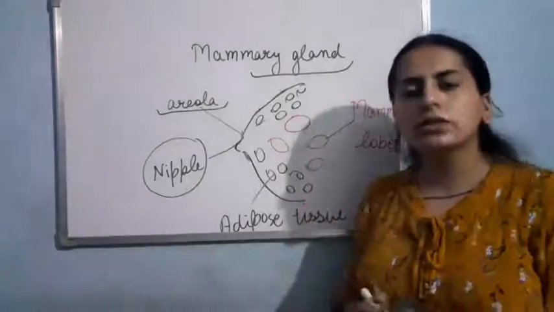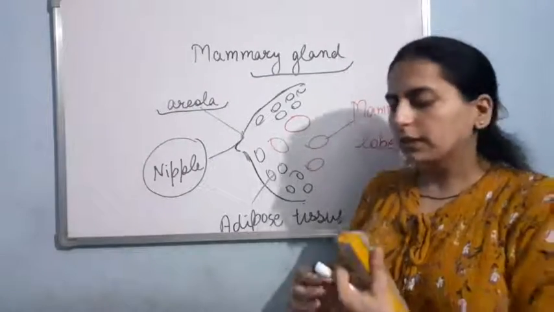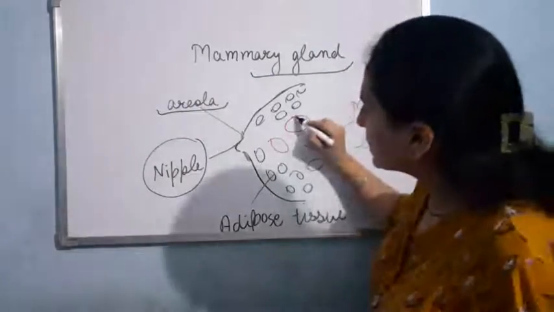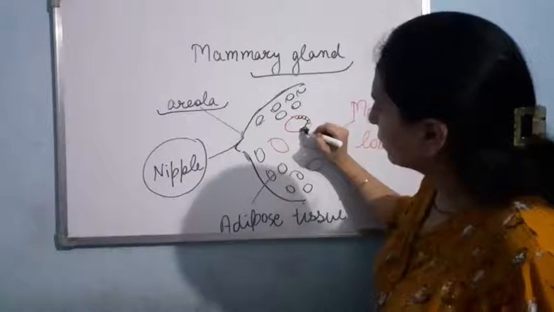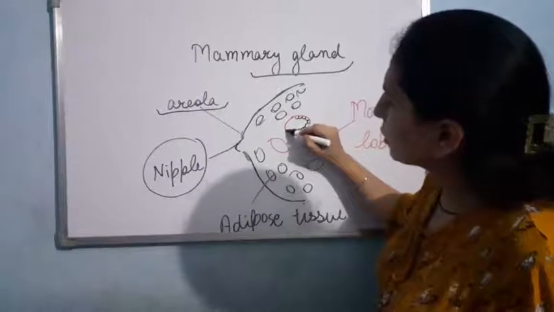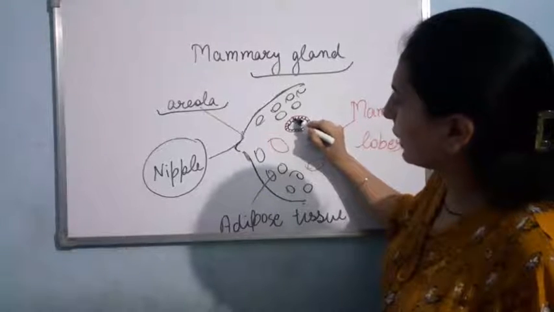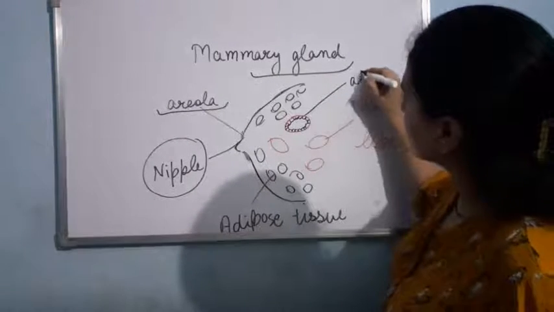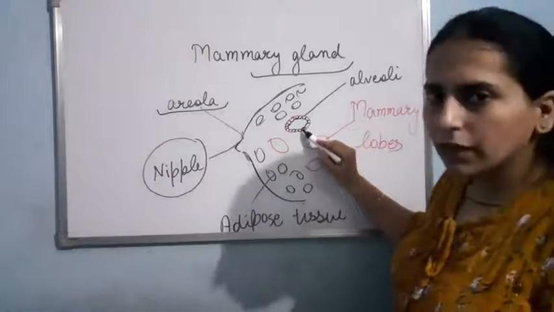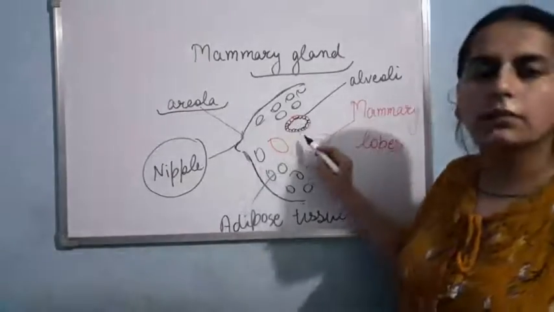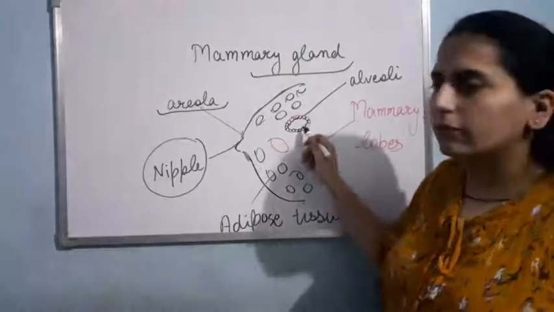If I talk about the structure of a mammary lobe, there are cells like this, a cluster of cells, and they are known as alveoli. This is the mammary lobe. The cells in the mammary lobe are known as alveoli.